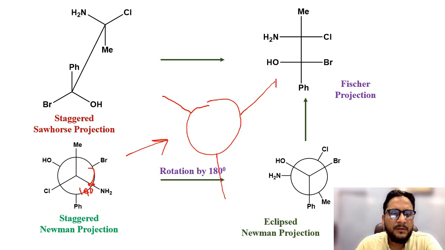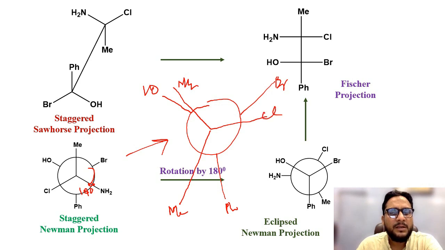Br will be untouched, it will remain at its position, OH this side and Ph on this side, while the front carbon will go like this. And we have Me, NH2 and Cl, and in the next step we can write the Fischer form from this Newman form.